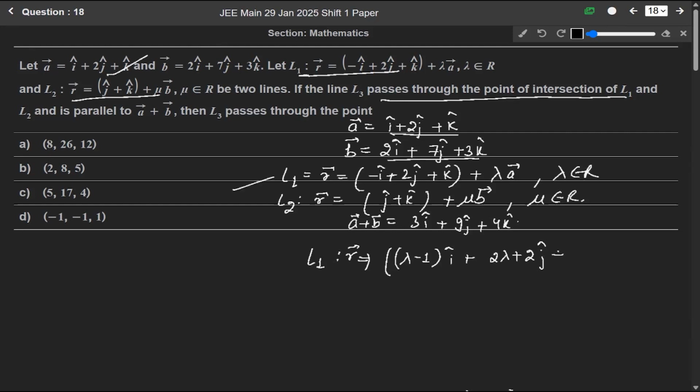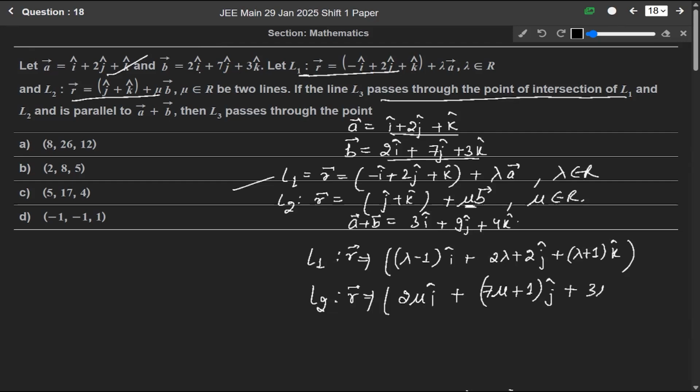And the L2 line will be equal to, this is μ, so it will be 2μ î, and here there is no î term, so it will be 2μ only. 2μ î plus 7μ plus 1 into ĵ, plus 3μ plus 1 into k̂.